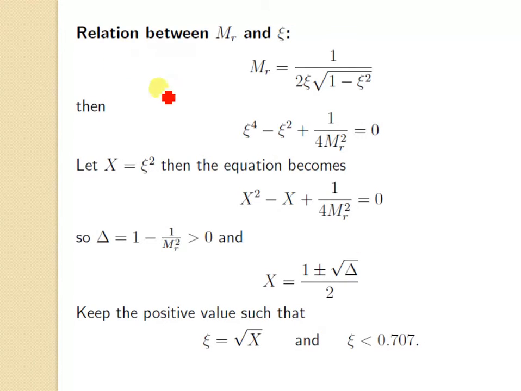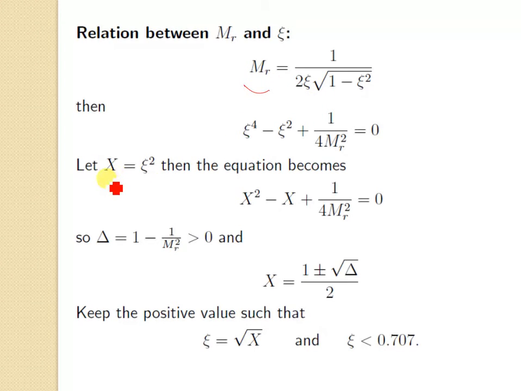The calculation of omega r is very easy. You can find the magnitude of the resonance that we saw, 1 over 2 sigma root of 1 minus sigma squared, and if you multiply together, you can easily calculate sigma based on omega r.